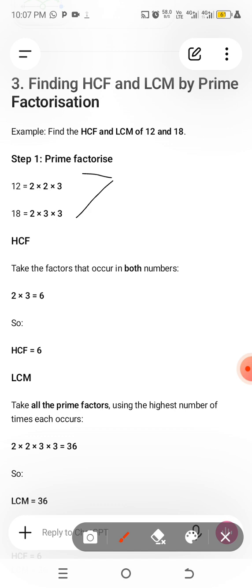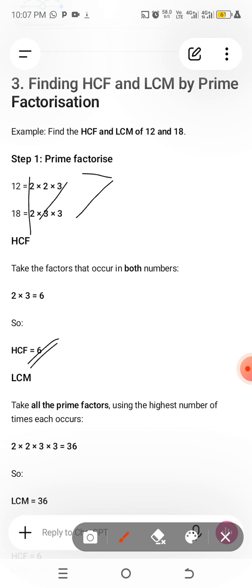So you take the common factors, 2 and 3. So HCF is 2 times 3, which is 6.